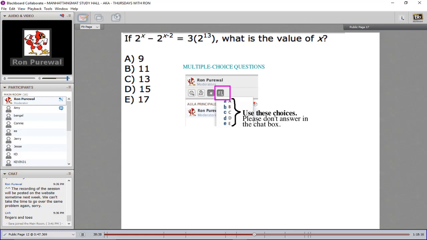Okay, let's talk about it. If you don't have an answer, please pick one. A couple of people who don't have answers, please pick one from this multiple choice menu, please.